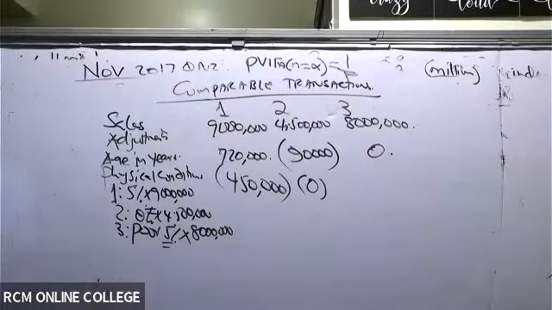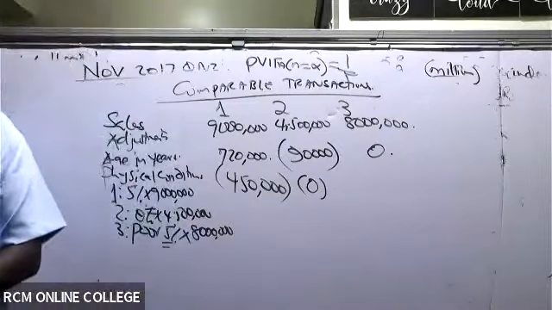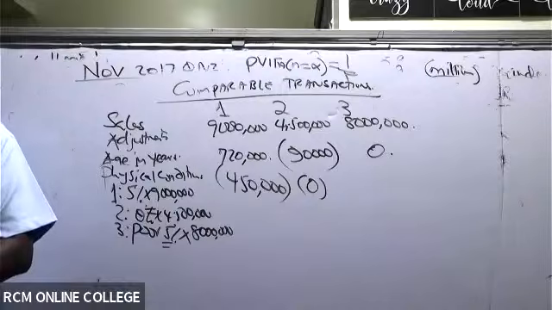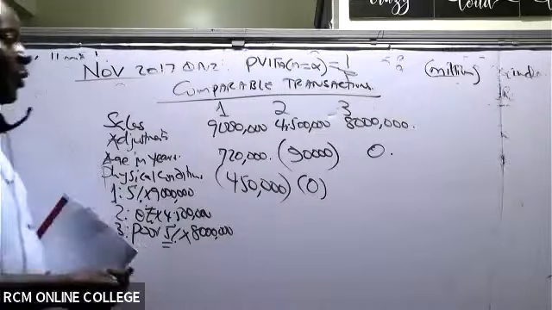Please be very, very careful. The percentage: 0.05 times 8 million. That will give me what figure? $400,000. So this will be 400,000.